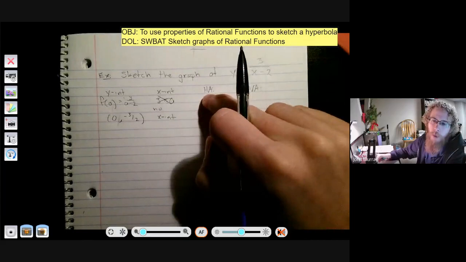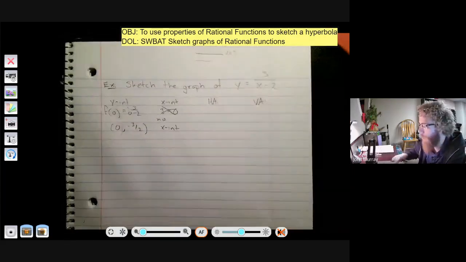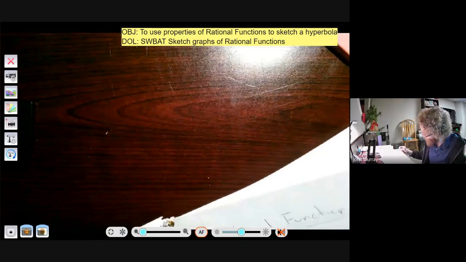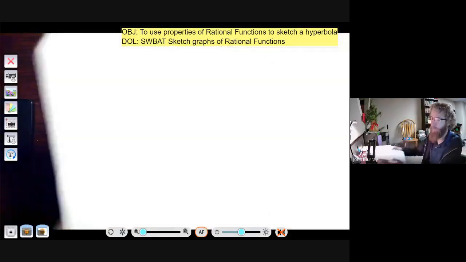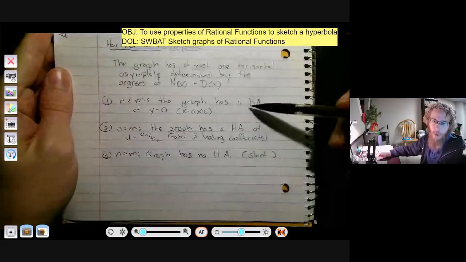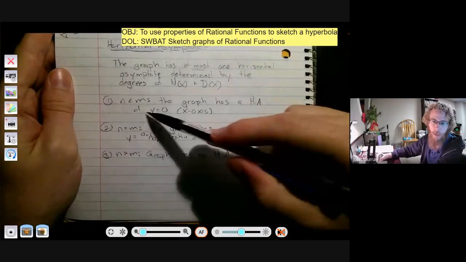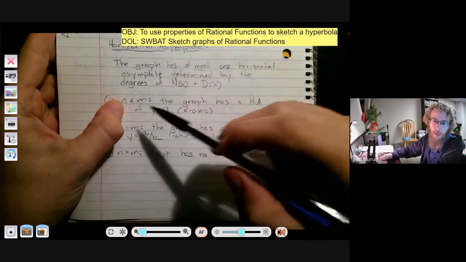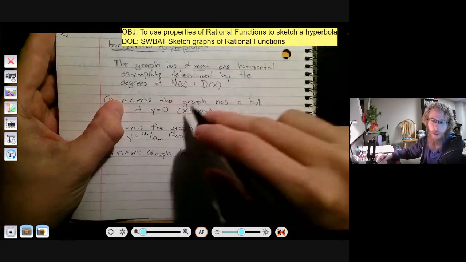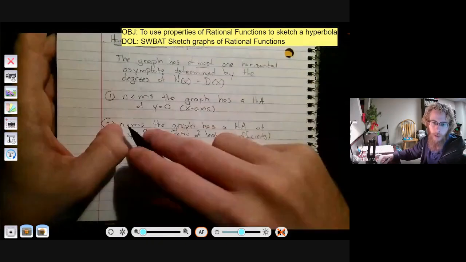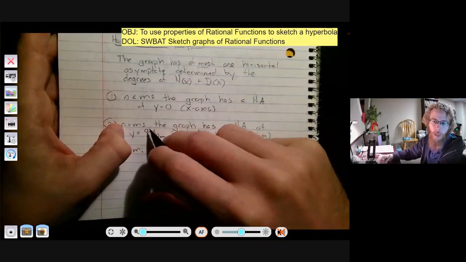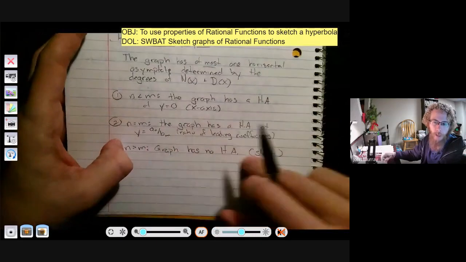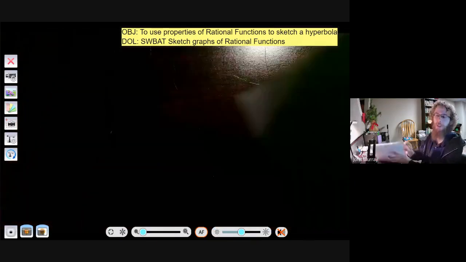So then my horizontal asymptote. Do I have one here? We're going to reference our 3 rules. If the numerator degree is less than the denominator degree, then it's automatically y equals 0. If they're equal, then we do the ratio. And if the numerator is greater, then it doesn't have a horizontal.